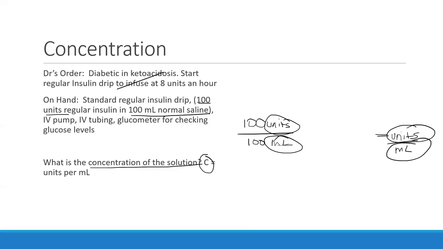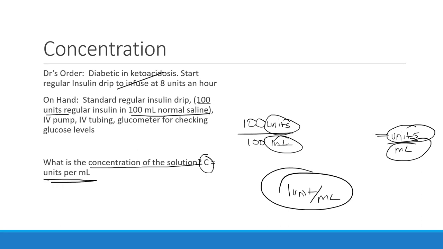So for every 1 unit, there is 1 mL. And that's all you have to do for that concentration. Just make sure that, just like I said, whenever you're doing these problems, start with what you're looking for first. So start at the end of your problem and then go to the beginning of your problem.